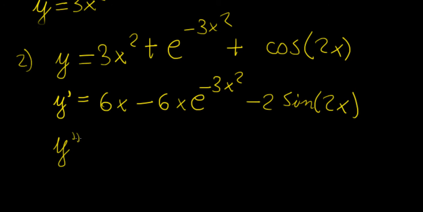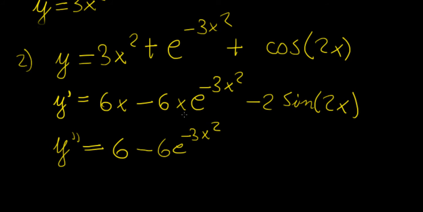Now the second derivative is going to be applied to this, so that's going to be 6, and then plus, because we have minus 3, the derivative of the top, which is going to be 6x again. But remember that we have to apply the product rule here, because this is a product of 2 functions. So we're going to have minus 6 times e to the minus 3x squared.